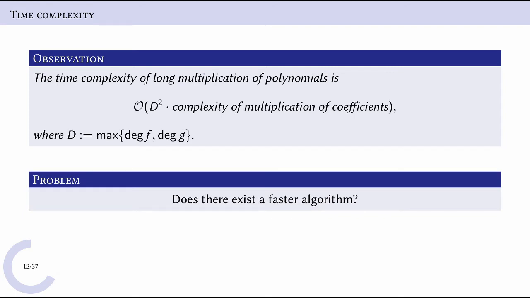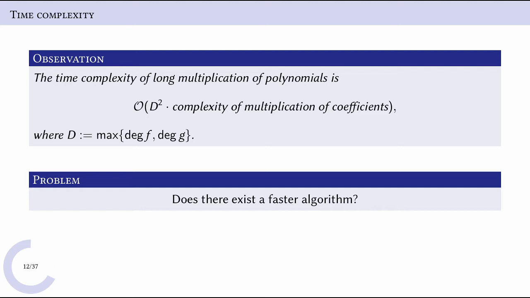It was quite surprising. Of course, at first it was not considered for polynomials. It was originally considered for integers, and people believed about 50 years ago that the product of two integers needs around d square products of digits, where d is the maximum number of digits.